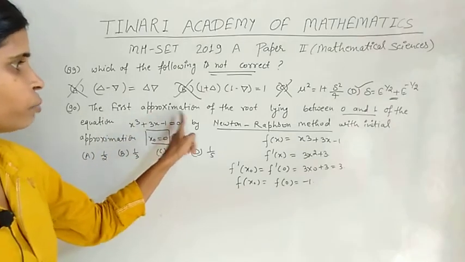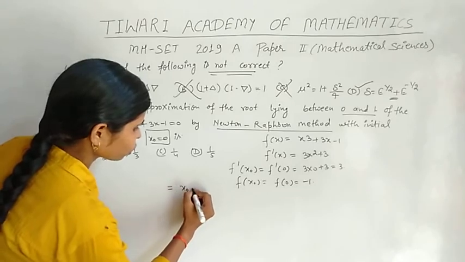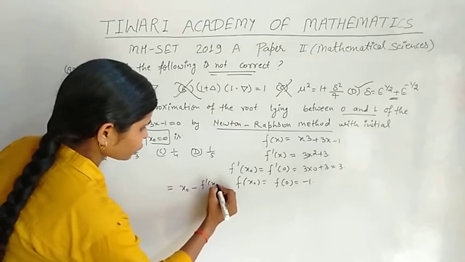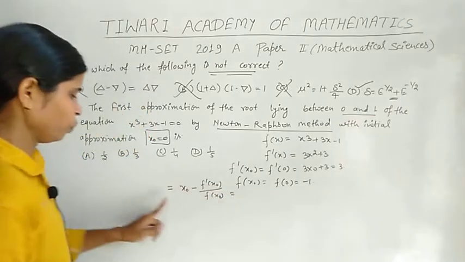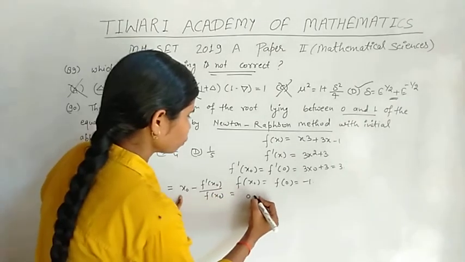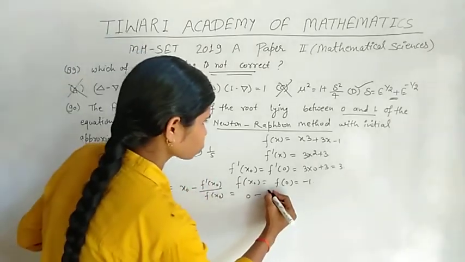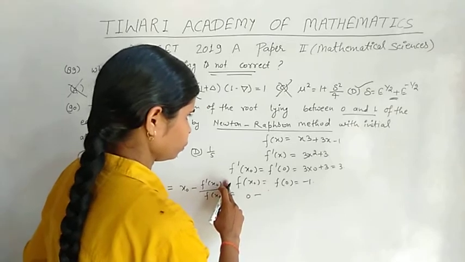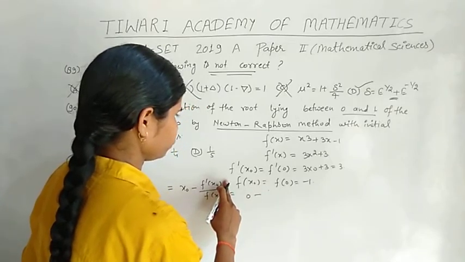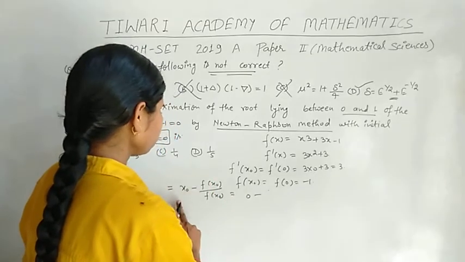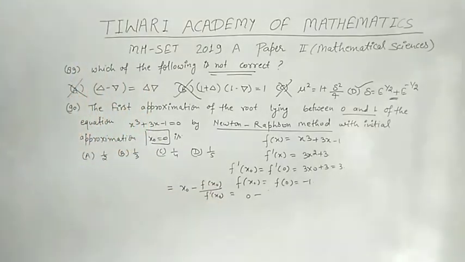The first approximation of the Newton-Raphson method is x1 equals x naught minus f of x naught upon f derivative at the point x naught.